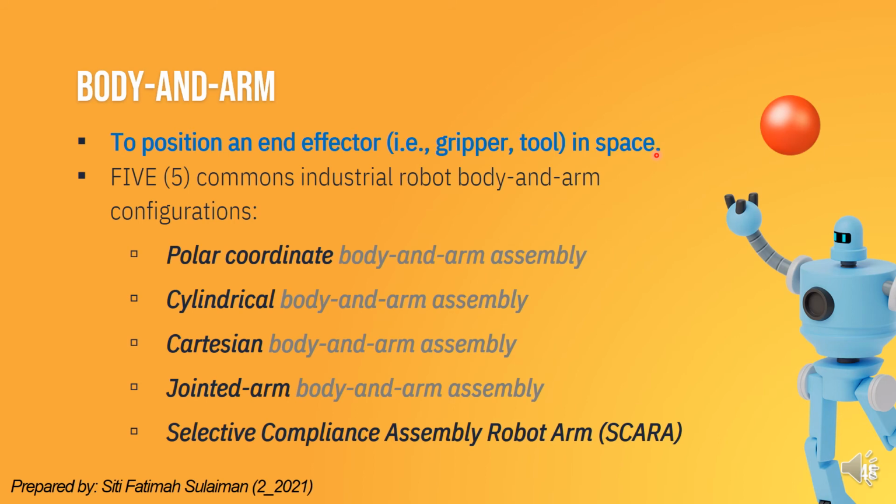Essentially, an industrial robot manipulator has five configurations: polar coordinate body and arm assembly, cylindrical body and arm assembly, Cartesian, jointed arm, and SCARA, or selective compliance assembly robot arm.